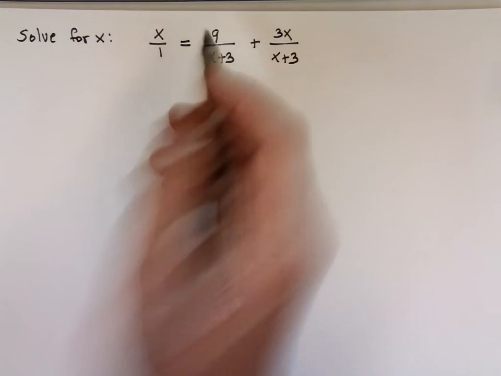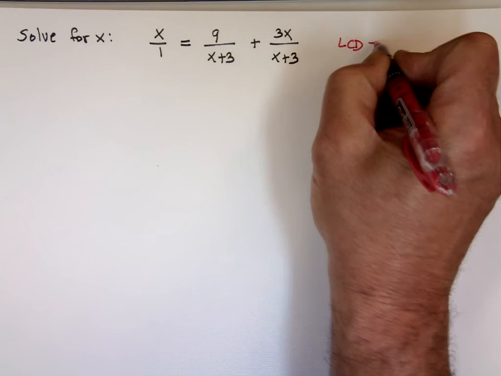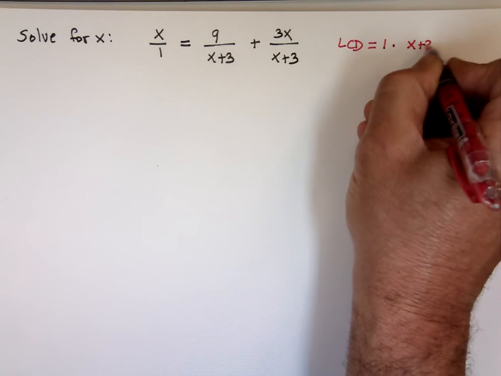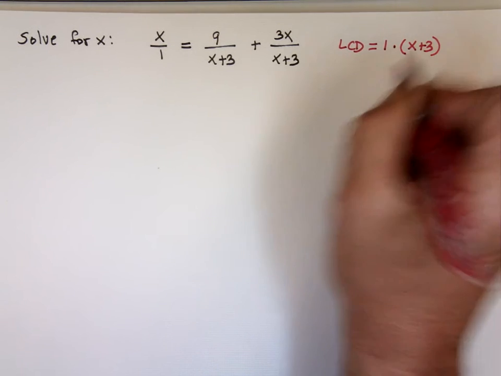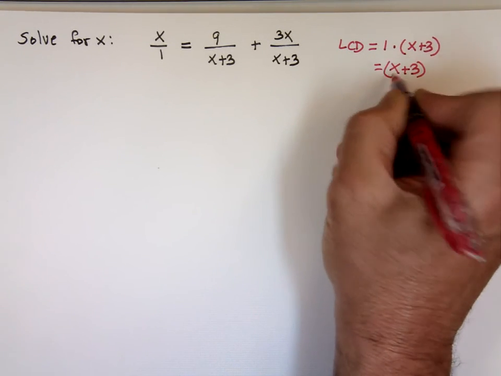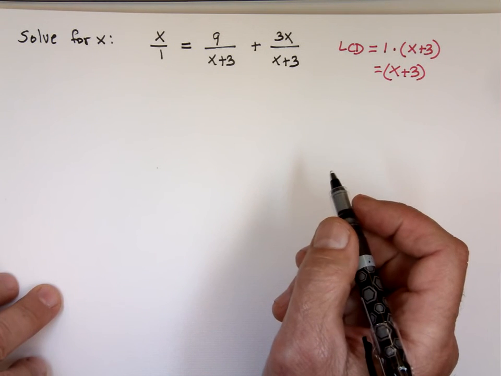So my LCD is going to be the multiplication of all the different factors. I see the 1 and I see the x plus 3. That's all I see for factors. So my LCD is x plus 3. So let's multiply each one of them by x plus 3.